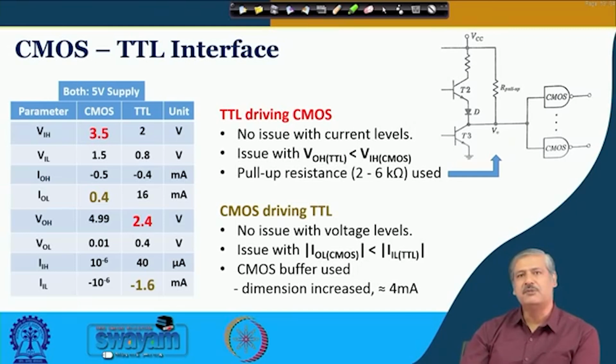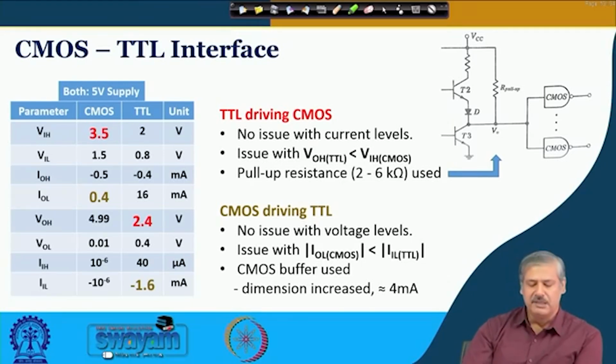So, then we need a CMOS and TTL interface, right, and to get a CMOS and TTL interface, when both of them are using a 5 volt supply, we consider the corresponding parameters for input VIH, VIL, IOH and all.